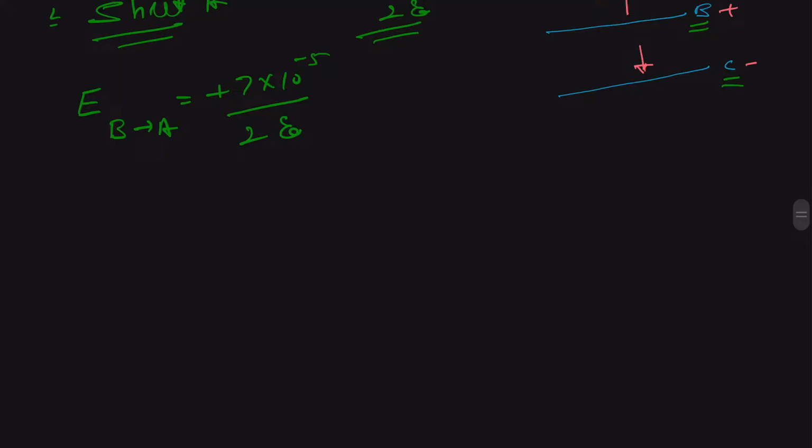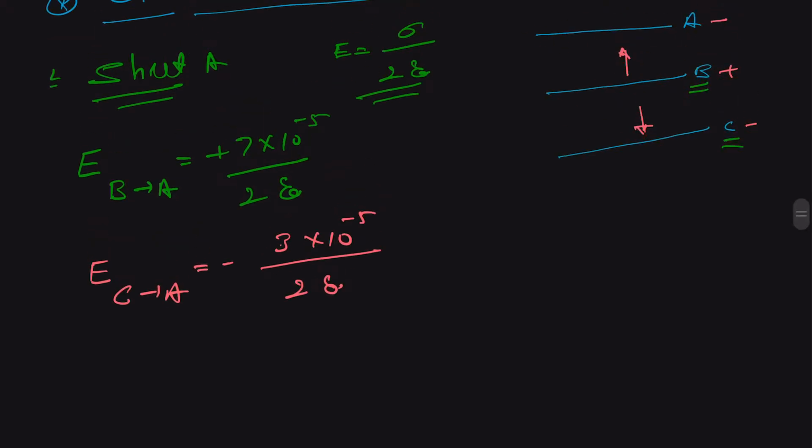And then the electric field of C on A will be minus 3 into 10 to the power minus 5, over 2 epsilon naught.